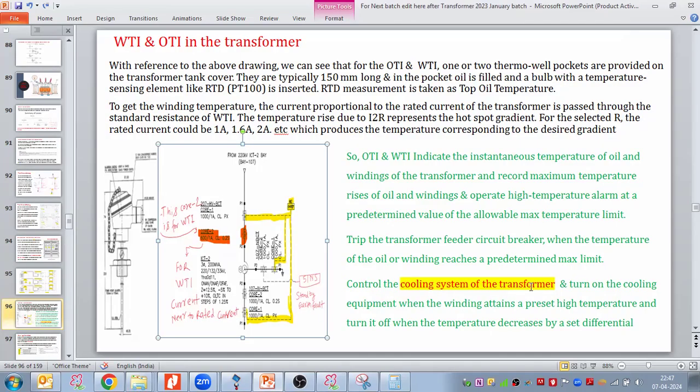Control the cooling system of the transformer, which means the fan and pump. Those fan and pump are controlled by this OTI and WTI, and turn on the cooling equipment when the winding attains a preset high temperature, and turn it off when the temperature decreases by a set differential or set value.